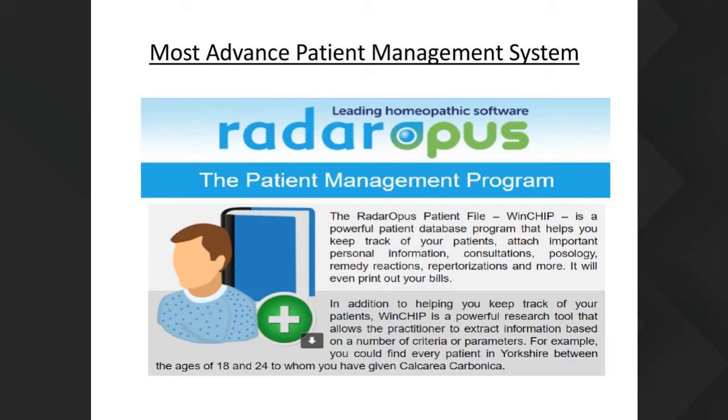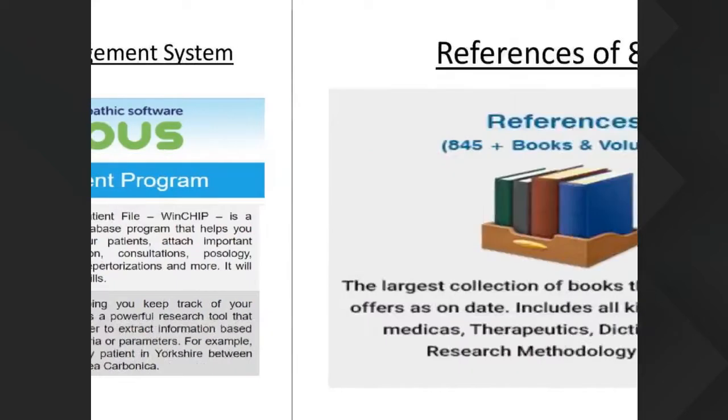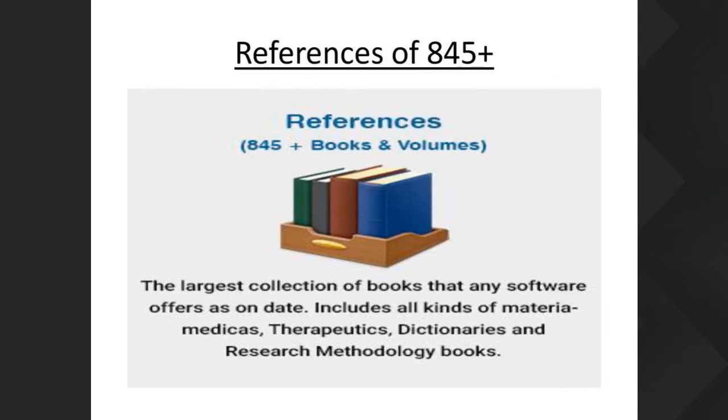It has the most advanced patient management system, where from case taking you can manage your patient, evaluate your consultation, and send your consultation to Cliffy-Call for analysis as well. It comes with more than 845 references.